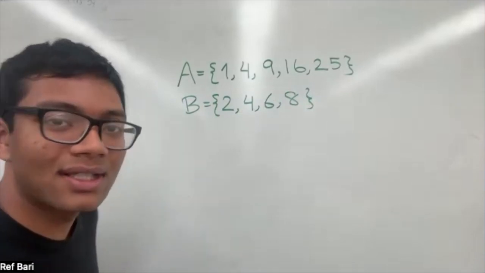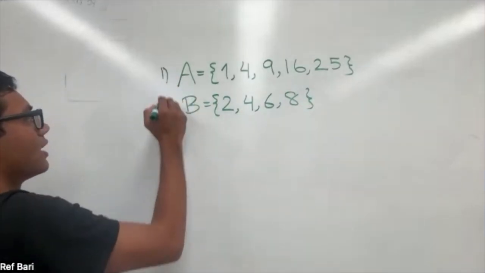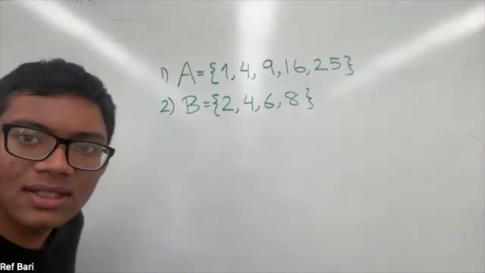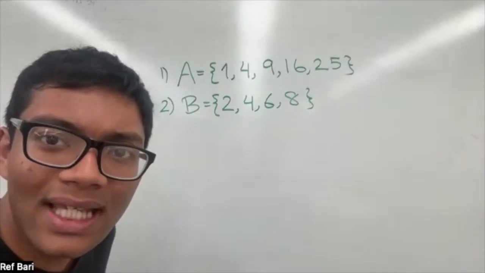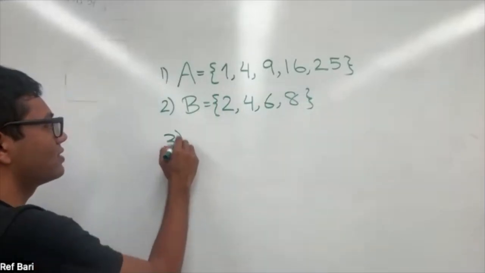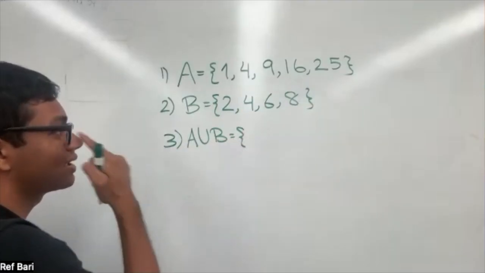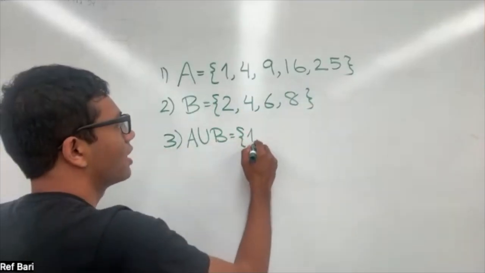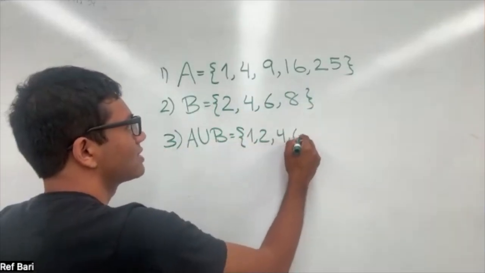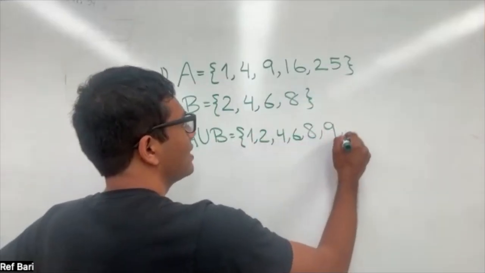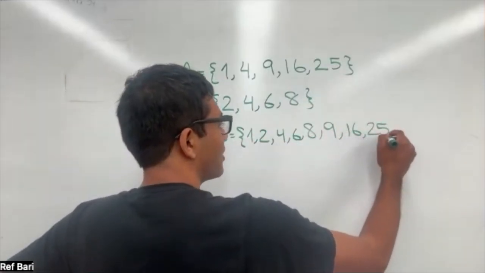Number 3 is A union B. I have to take all the elements in A and combine them with all the elements in B. So 1, 2, 4, 6, 8, 9, 16, 25.